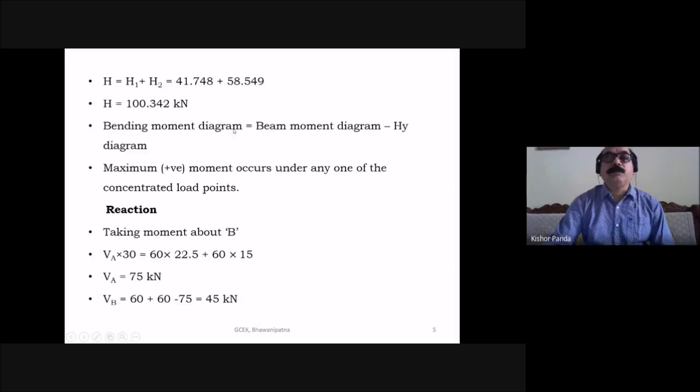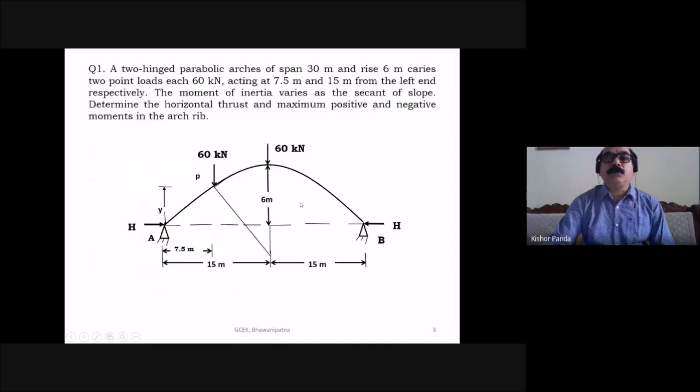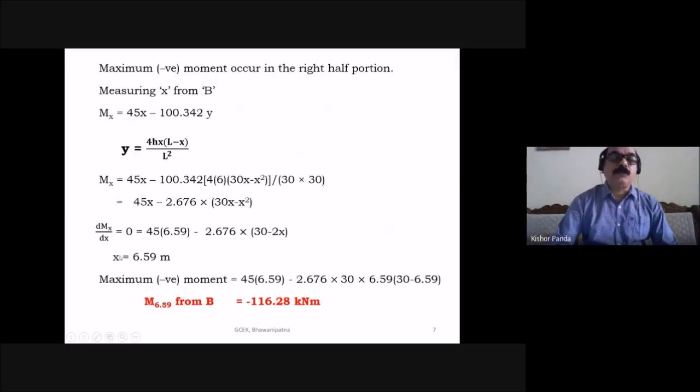So where will you get that maximum negative moment? Let us take one section here at a distance x from the support B and find out the bending moment at that section. Then you put x is equal to 6.59, and you will get the maximum negative bending moment.